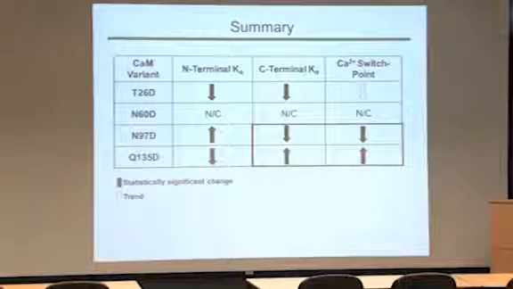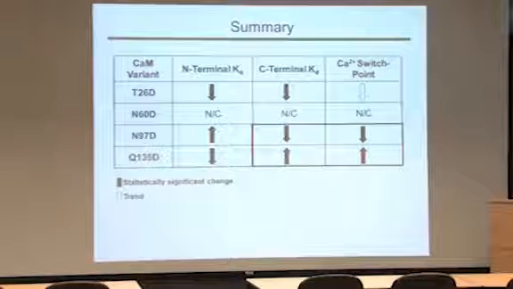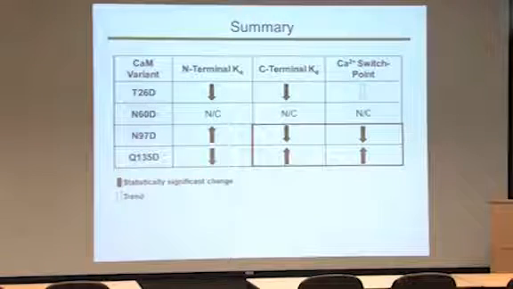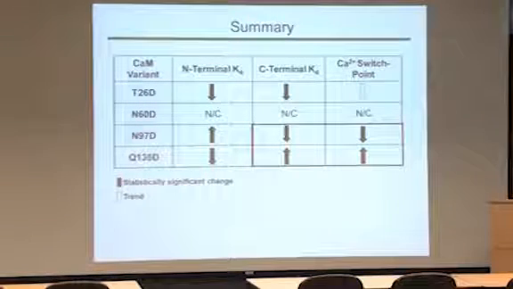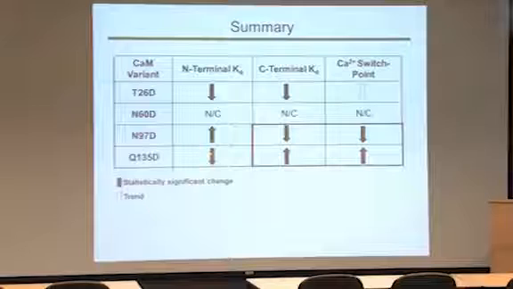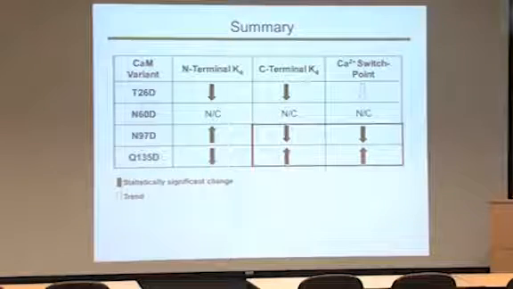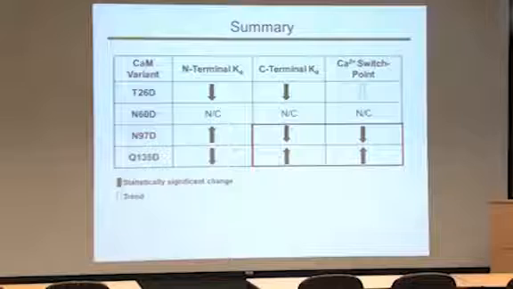The third EF hand that we mutated decreased the affinity of the N-terminal, increased the affinity of the C-terminal, and decreased the switch point. So the switch point seemed to be correlated more with the C-terminal affinity. The other mutant, the fourth one, had the opposite effect: increased the affinity of the N-terminal, decreased the affinity of the C-terminal, and increased the switch point. So this switch point seems to change in the same direction as the C-terminal EF hands.